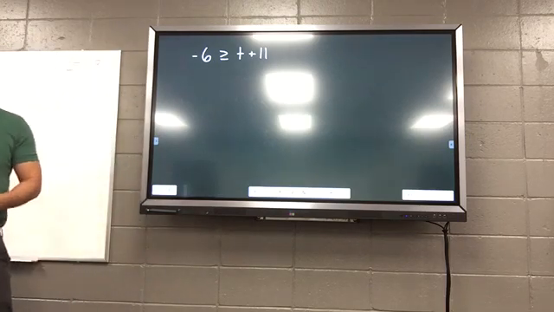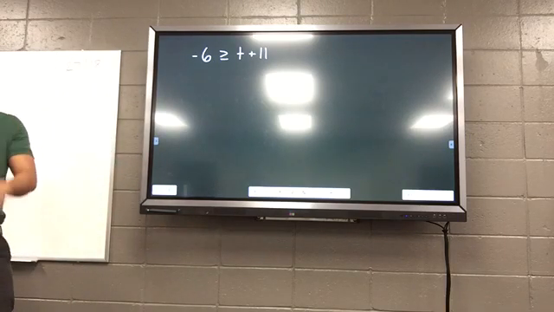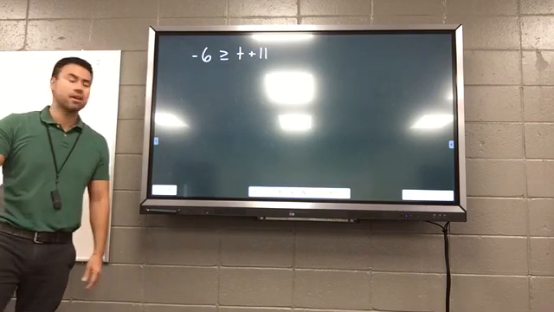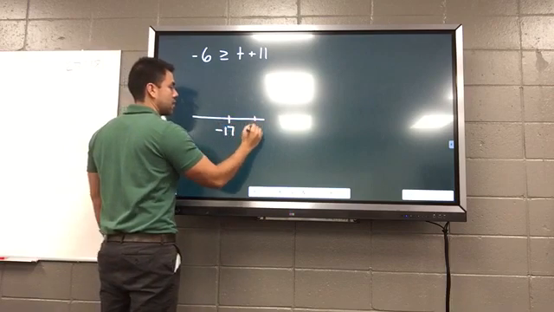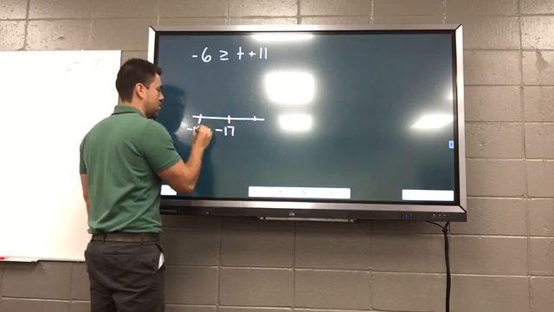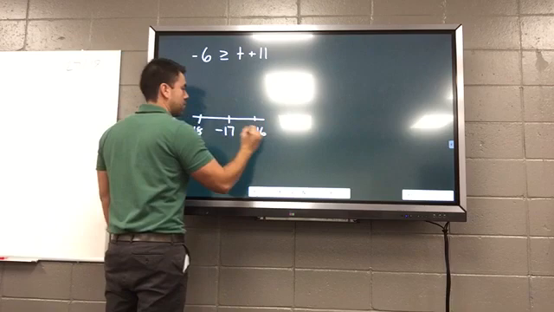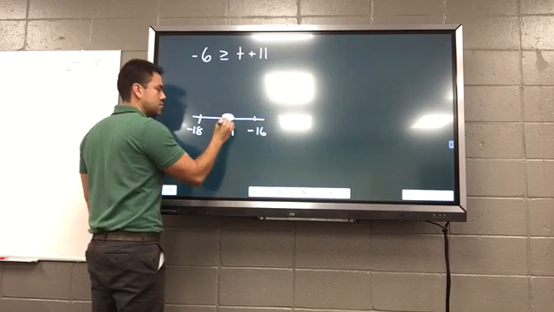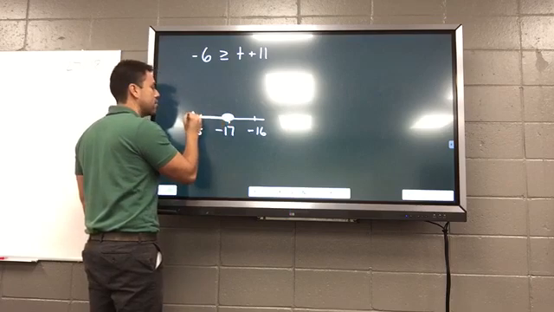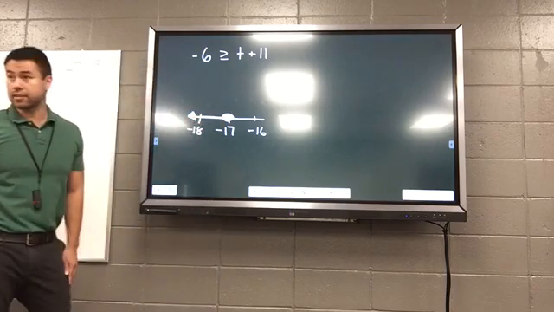Explain what number's in the middle, left and right, what kind of circle, which way does the arrow go? Elijah: -17 is in the middle, -18 is on the left, -16 is on the right. And then a shaded circle on -17, and then the arrow going to the left. Okay, now, Elijah, I have no idea what the answer is.